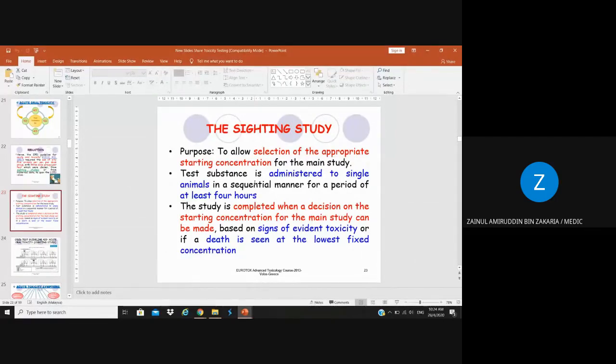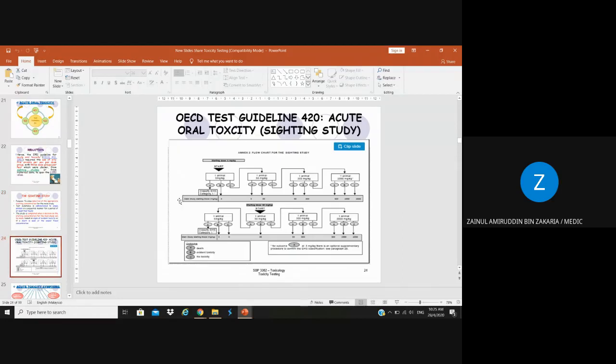It starts to have less movement. You can see stool come out with blood, or diarrhea, or whatever sign of abnormality in the behavior of the animal itself. So if there is a sign of abnormality or toxicity at that dose, you can ignore the doses above that, for example.